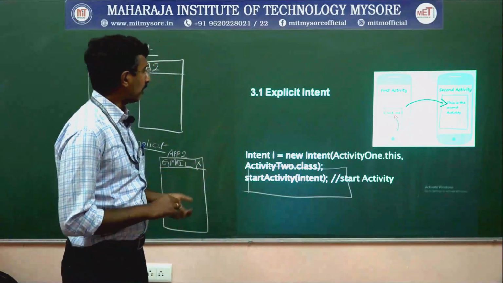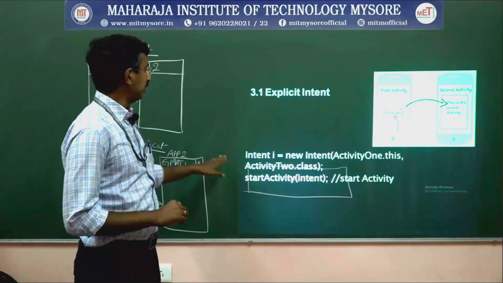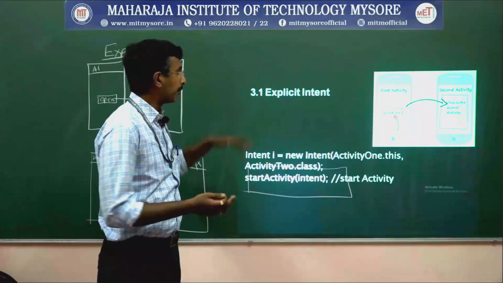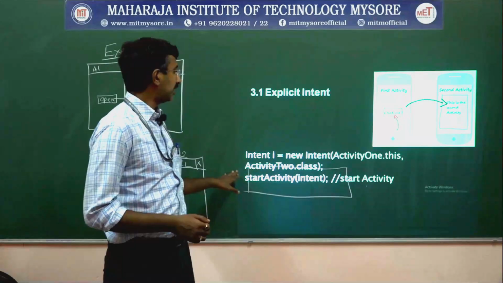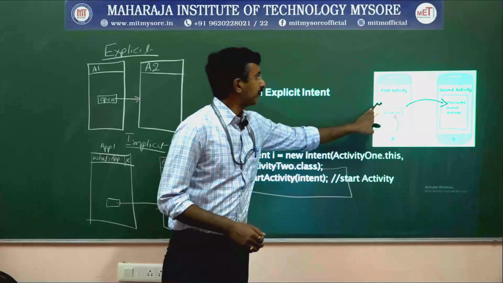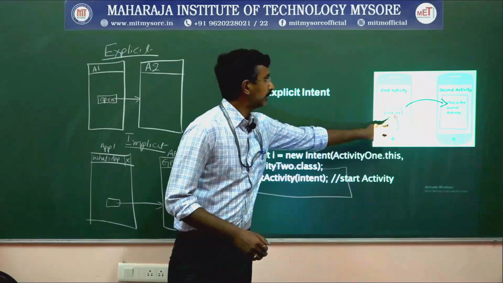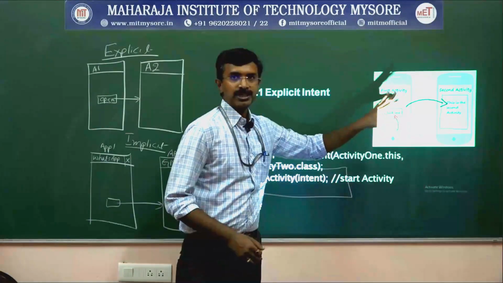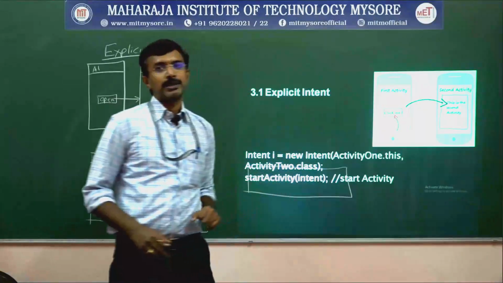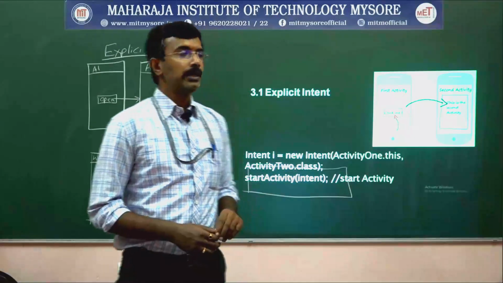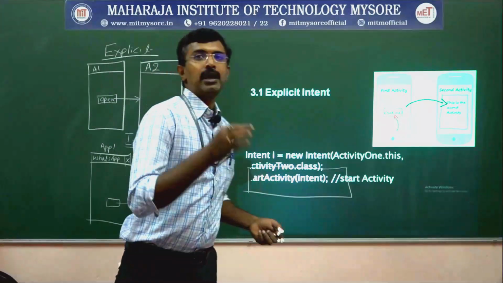So this is an example for explicit intent. The same code has been elaborated. Nothing big, no changes in this. In the first activity, on clicking this button, you're opening another activity. So we'll be developing an explicit intent application right now.